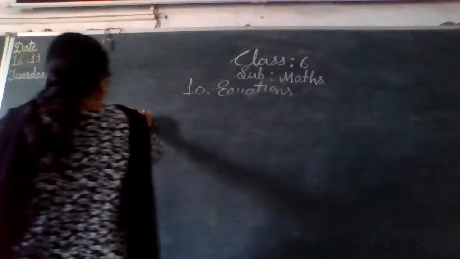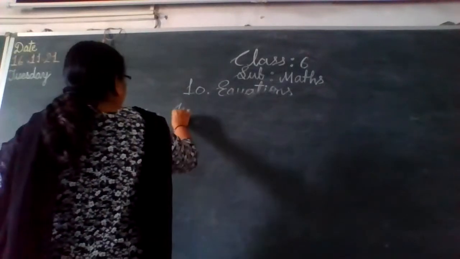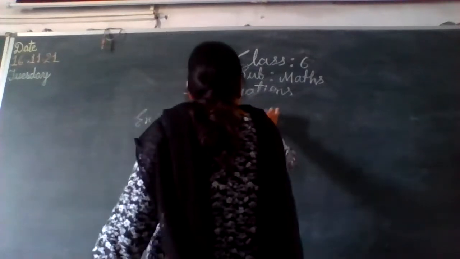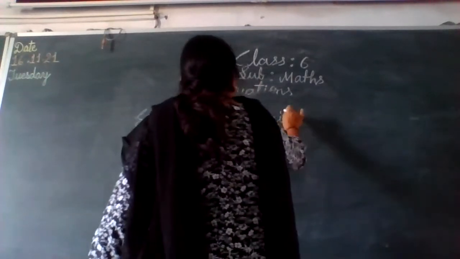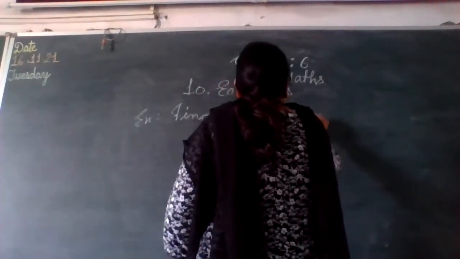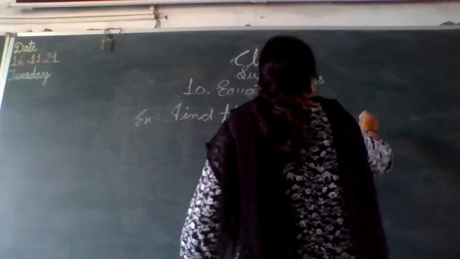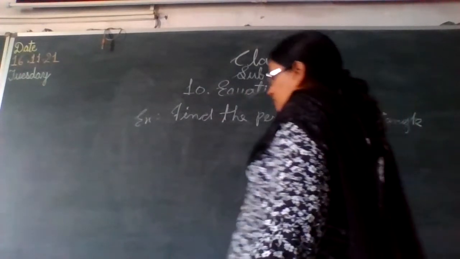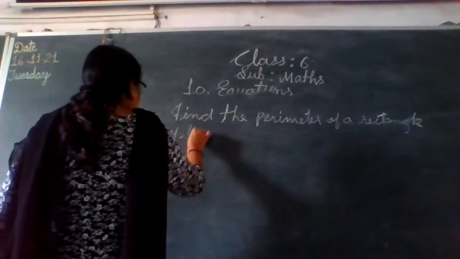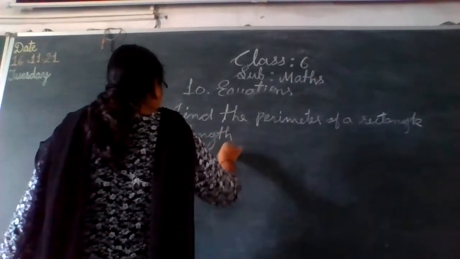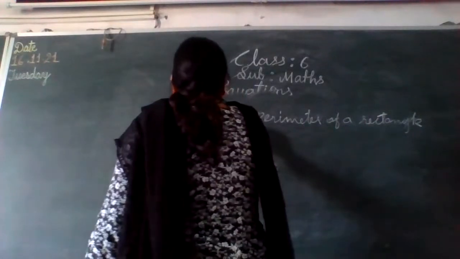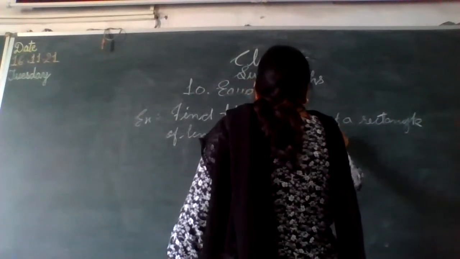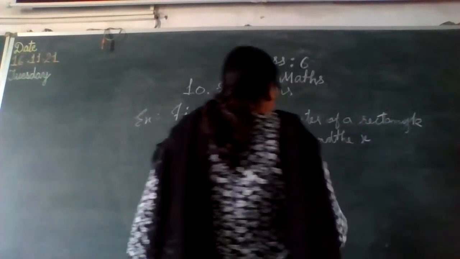For example, see beta, find the perimeter of a rectangle of length 6 and breadth x.